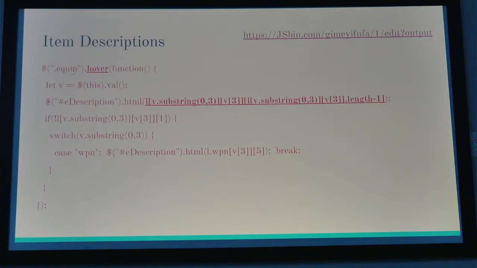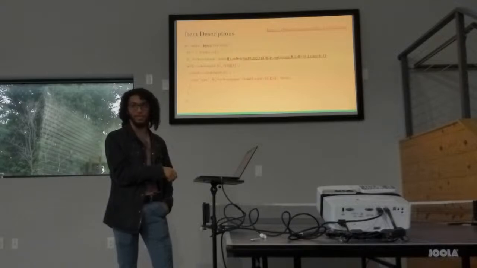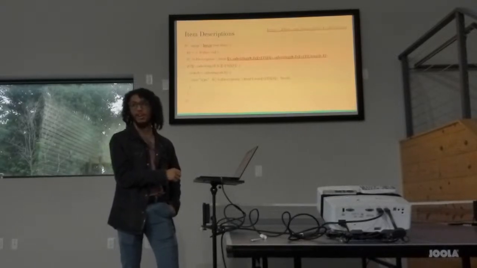So it's only done with one call, the hover, and it uses this to differentiate whichever box it is. This long object call simply gets the description from the previous object, this object. Working with objects is pretty convenient, but it's also a bit long.